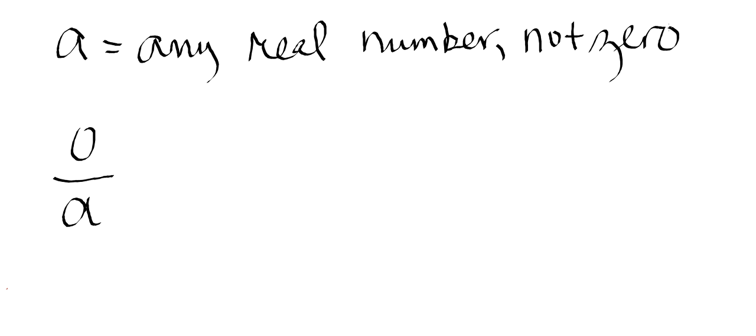As long as a is not 0 here, 0 divided by a is 0. That is a perfectly acceptable mathematical statement.